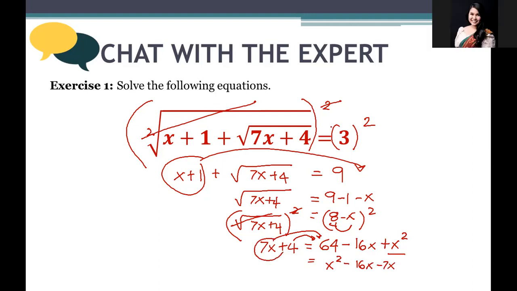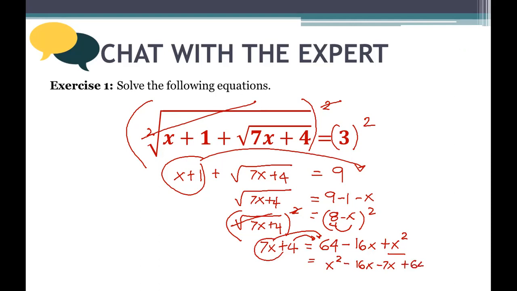Then we'll have plus 64. This one transfer minus 4 equals 0. So we now have x squared minus 23x, this one. And the last 64 minus 4 is plus 60 equals 0. We have a quadratic equation, so we need to factor it.